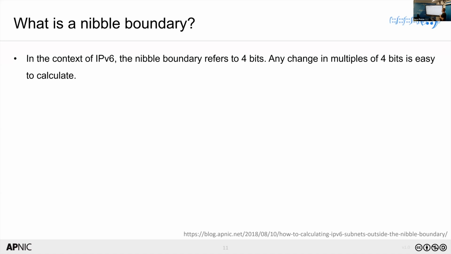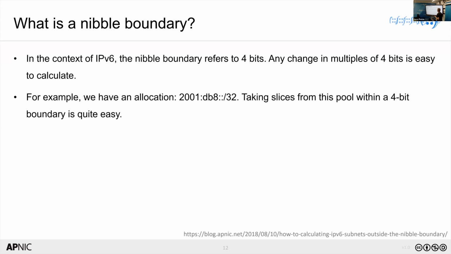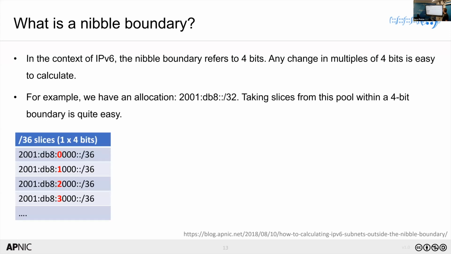So our nibble boundary is any change within a 4-bit unit. And any change that we do in that 4 bits is really easy to work out. So say again, I've got my 2001:DB8::/32, and I'm going to take slices out of my network using my nibble boundaries, my 4-bit chunks. So if I wanted to do /36 slices, it's really easy. I'm just working with this little section, this first nibble. That's our /36 boundary.